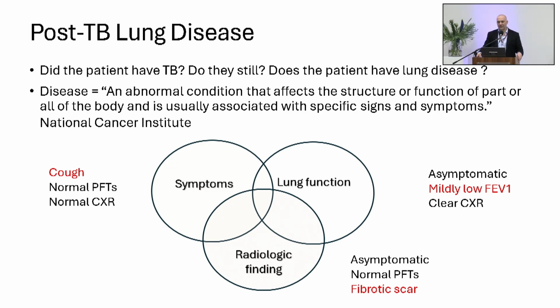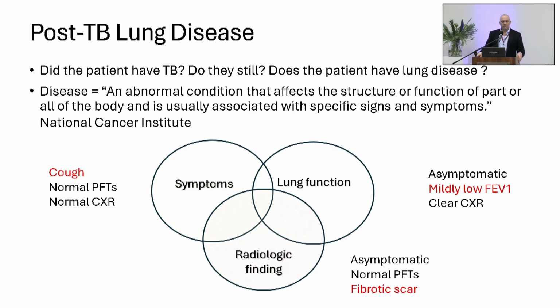Do they still have TB? And does the patient actually have lung disease? For those of you who have studied TB-IRIS, INSHI came out with TB-IRIS definitions, and one of the first things you look at in the definition of TB-IRIS is that the patient had antecedent TB. So we could do that as some low-hanging fruit for assessment of post-TB lung disease.